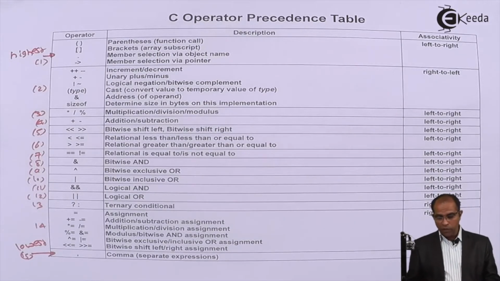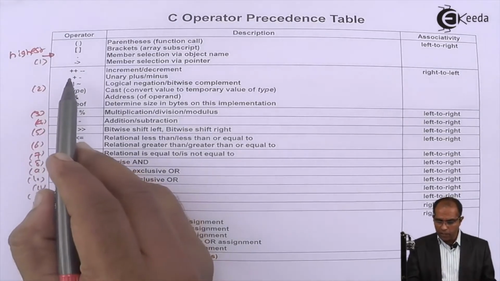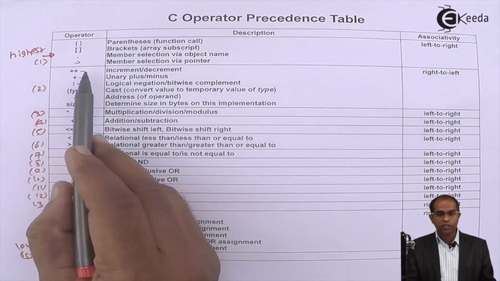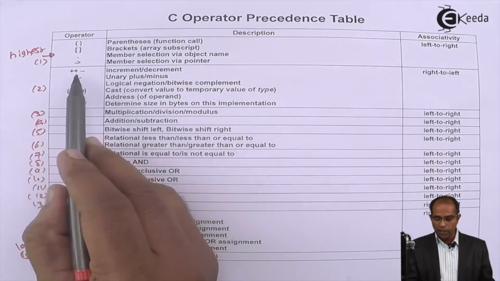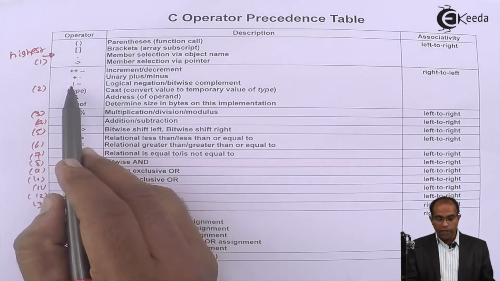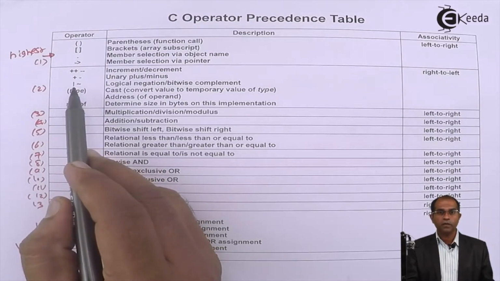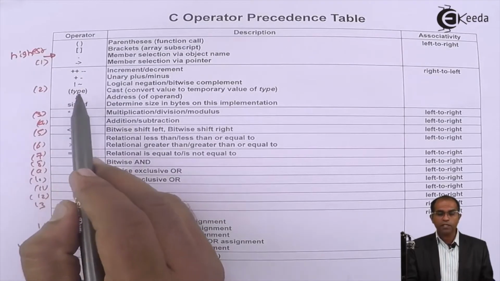Now, the second section, the one which we discussed in the previous part, we call them unary operators. All the unary operators used at this place are plus plus, minus minus, the increment and decrement operators, unary plus, unary minus, negation, that is logical negation, and the bitwise complement operator. Then we have typecasting.